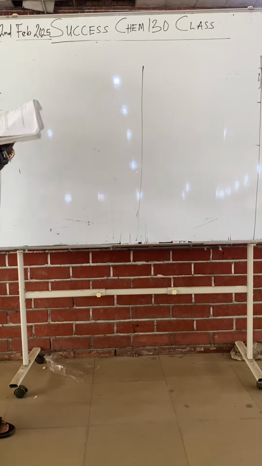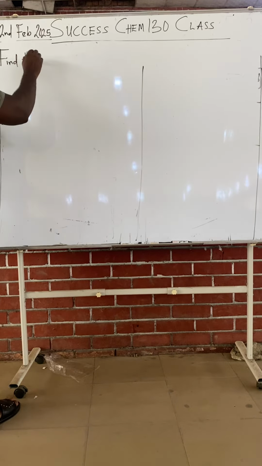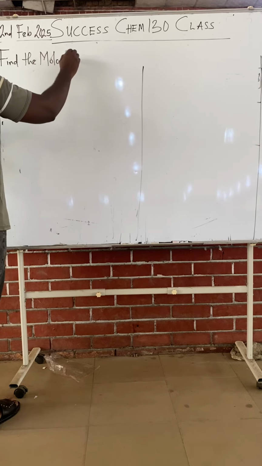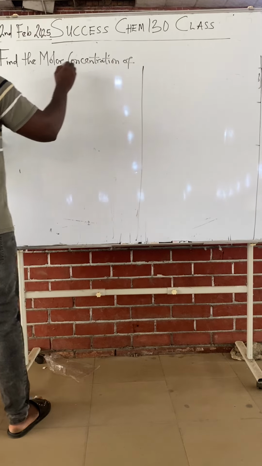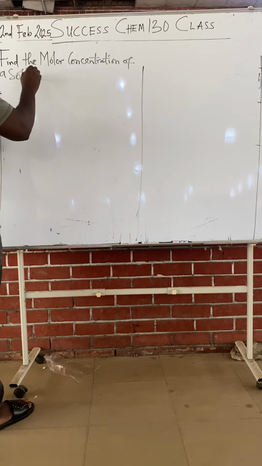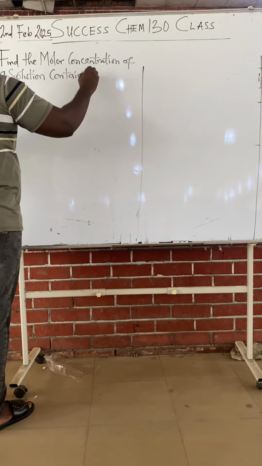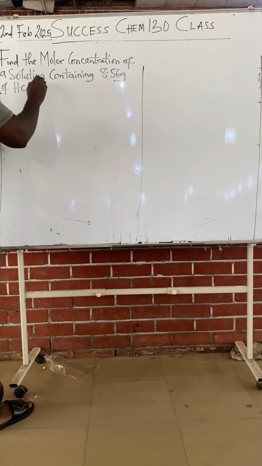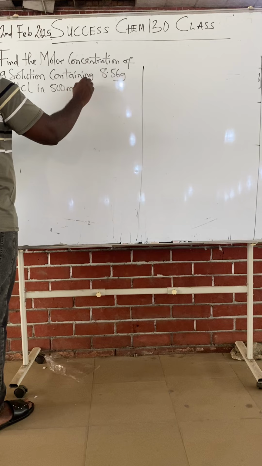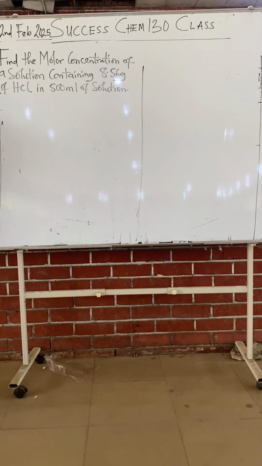So please take note. Now, I have 2 questions here for you. The first one I just read: find the molar concentration of a solution containing 8.56 gram of HCl in 500 ml of solution.